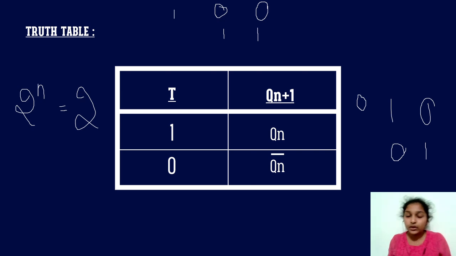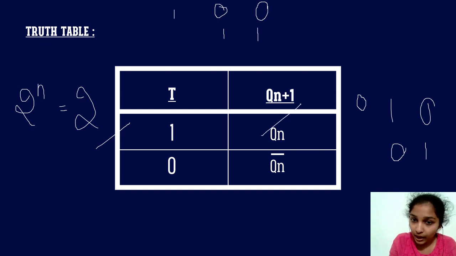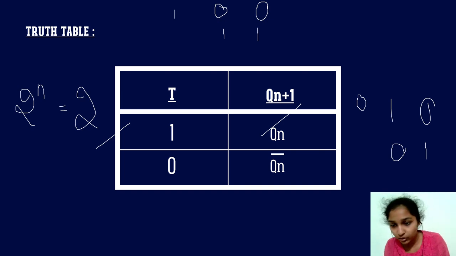Quickly, let's summarize what happened in the truth table. If you take 1 as an input, you are getting the current state itself as the next state output.